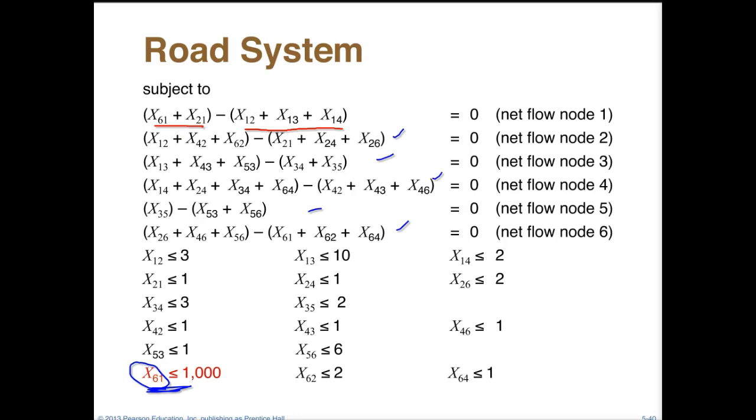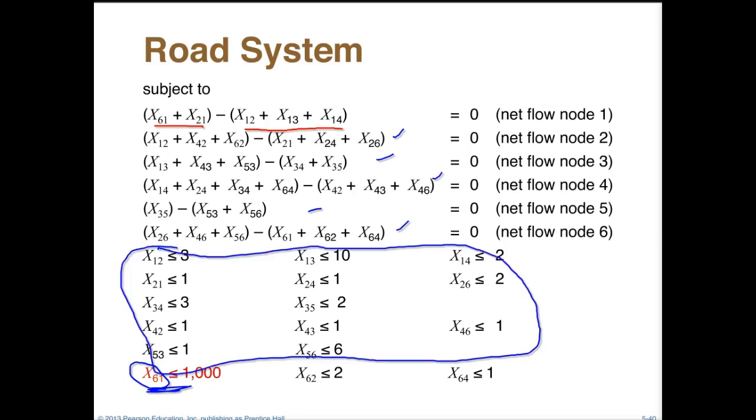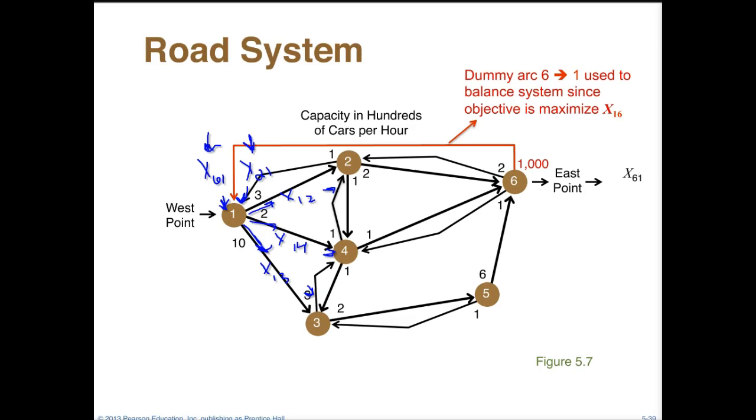Now, all these constraints that you see there are what we actually saw from the beginning, which is we know that going from, and I'll just use this as an example, from node 1 to node 3, we know that the maximum amount I can get going there is going to be 10, or we'll translate that to 1,000.